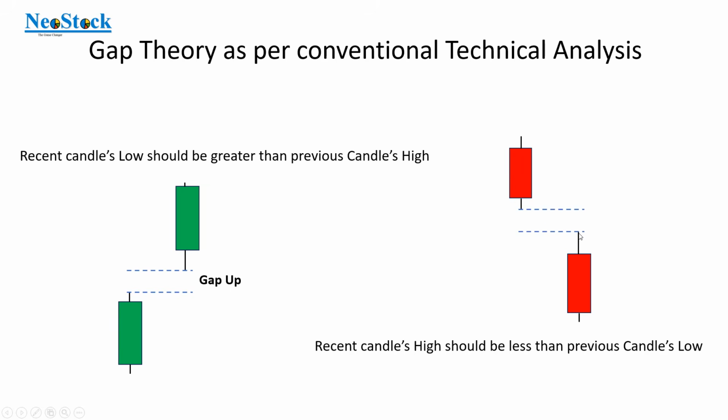So this is the high of the recent candle and this is the low of the previous candle. Between them we can find a gap, and this gap is called gap down. That means the prices are moved with a gap down.